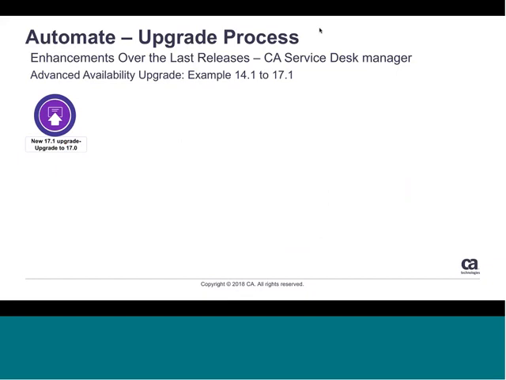I just have to run the upgrade on the background server, the standby server, and all the application servers, and then you're done. So all the manual and error-prone steps are automated now in 17.1.